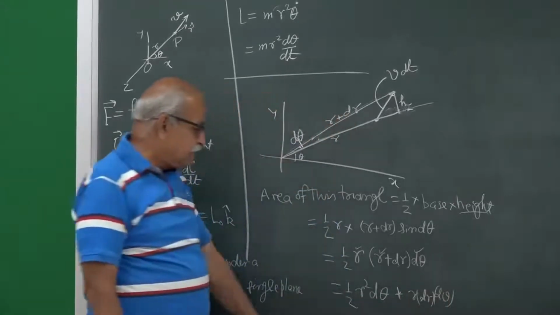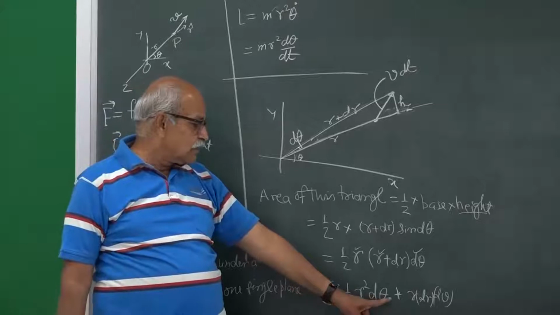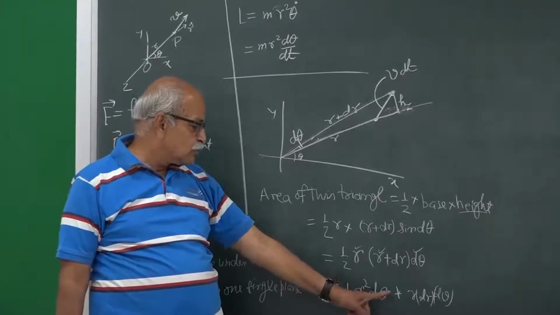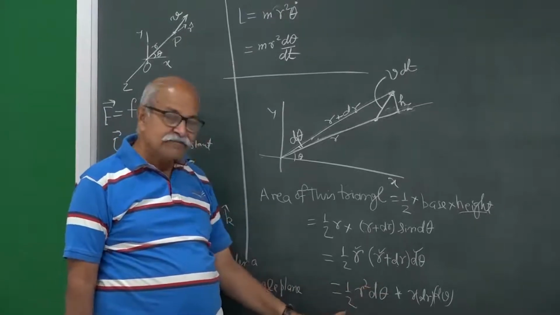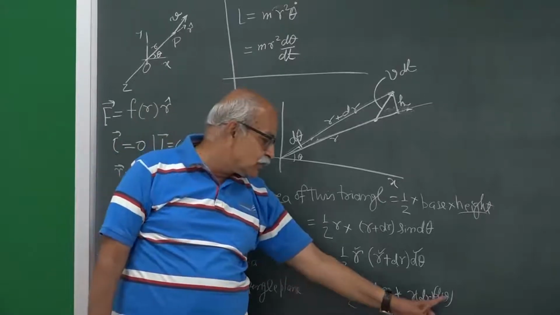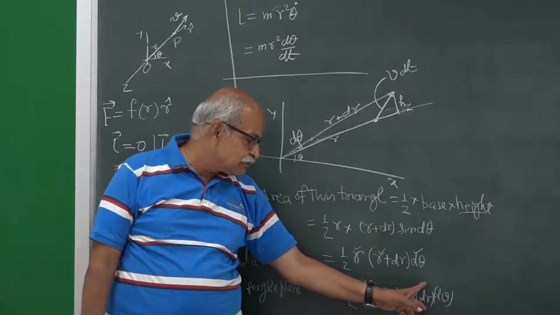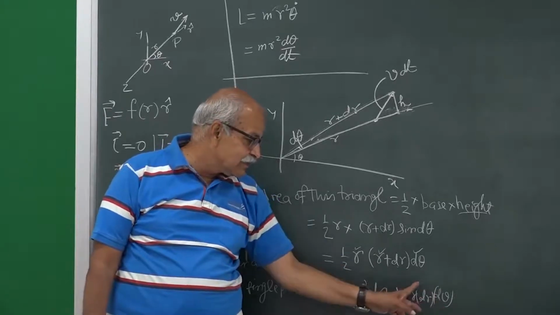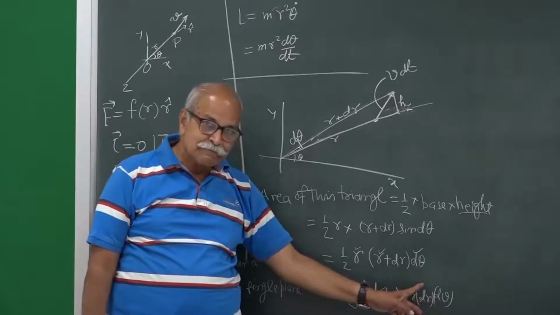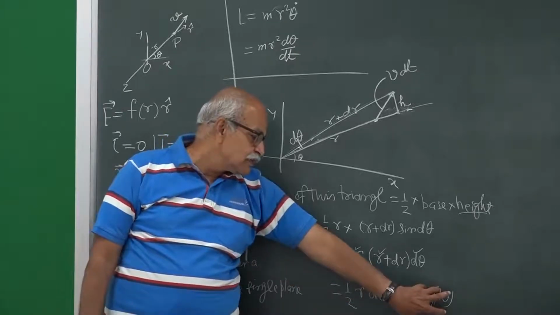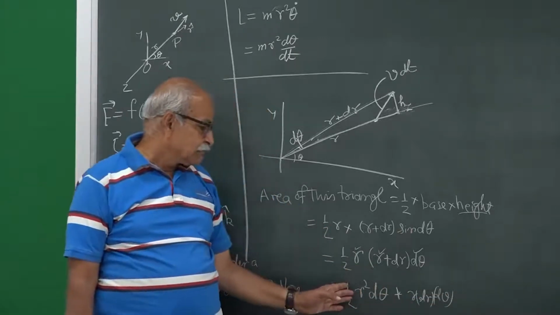Since we have a first order infinitesimally small quantity present here, and this is a second order infinitesimally small quantity, the product of two infinitesimal quantities dr and d theta, this can always be dropped in presence of this.